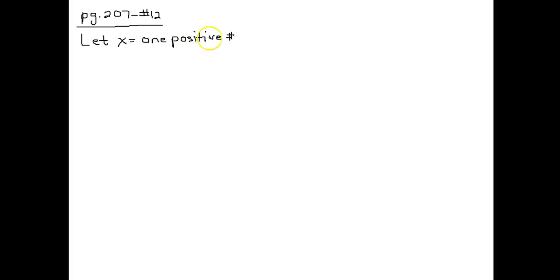And since they do have to add up to 45, you could say, well, let y be the other positive number. But you could also say 45 minus x is the other positive number. Because like if x were 3, 45 minus 3 would give you 42. So you'd have 3 and 42. And those two would add up to 45.